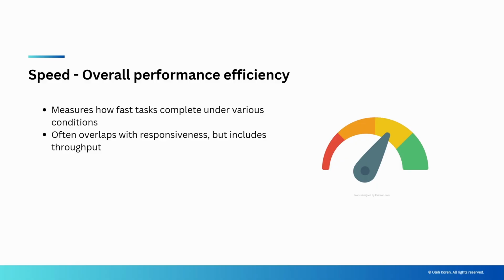Speed is where user patience is tested. In today's world, slow processes don't just frustrate, they hurt productivity, damage satisfaction, and ultimately push users to look for faster alternatives. So when we talk about performance testing, speed is the final piece that ties everything together.